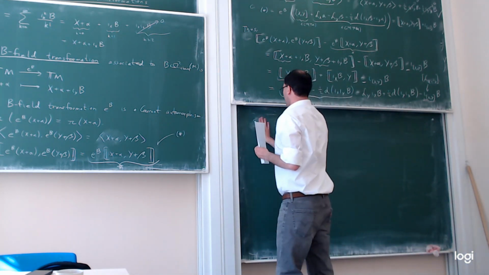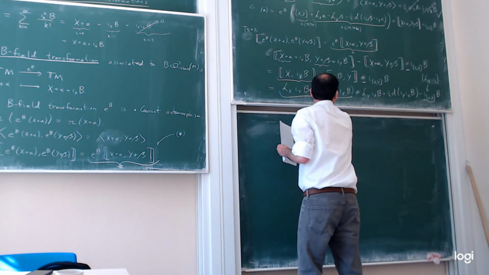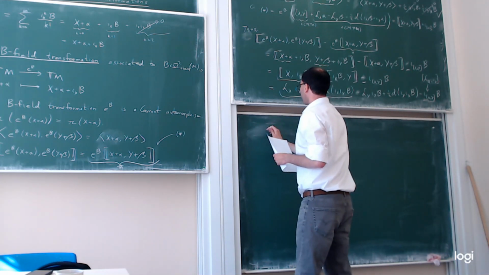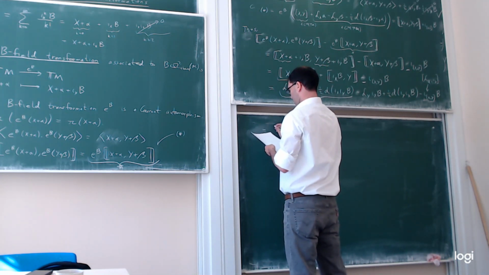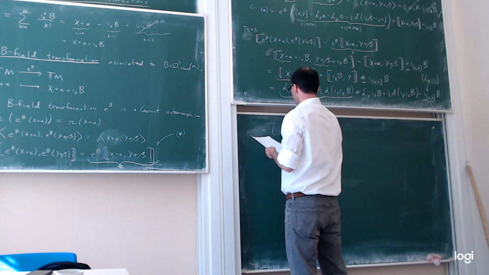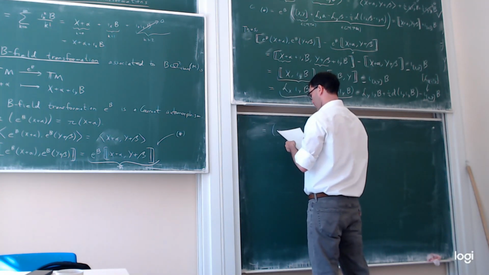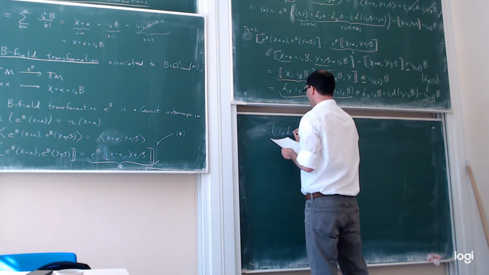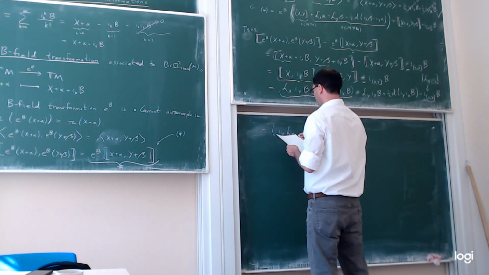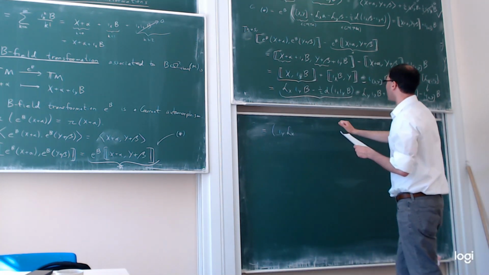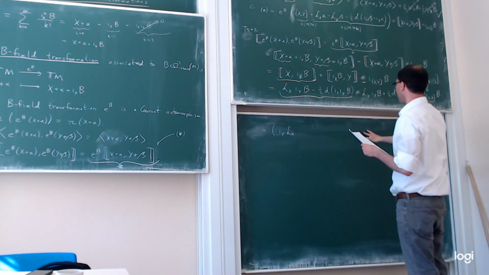I'm going to write out what we get then. So that's again the interior product of y of the Lie derivative along x, and I'm not going to write the b here. I'm going to move all of the b's to the end of the line.